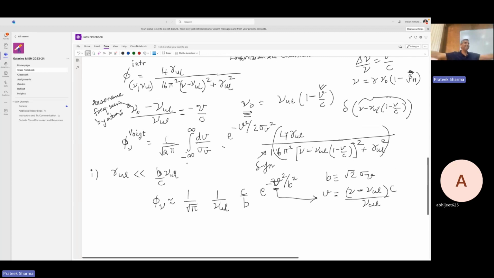Because this exponential will just kill everything at large velocities. See, when we do Maxwell-Boltzmann distribution functions, there is no C there. All we do is, there is no contribution from particles which are very fast. They are exponentially rare.